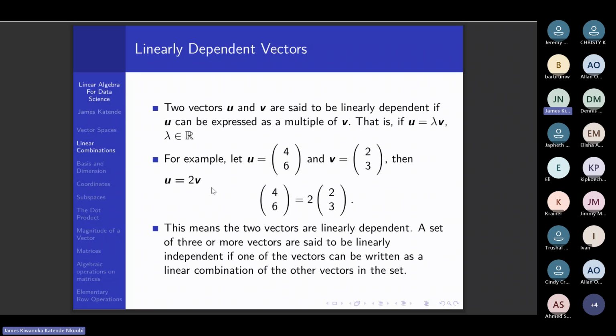You could also write V as a multiple of U, because in this case you multiply U by a half to get V. So it works in both directions. When you have two vectors and one can be written as a multiple of the other, we claim that the two vectors are linearly dependent.